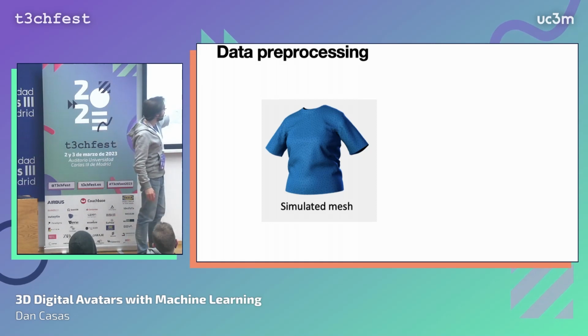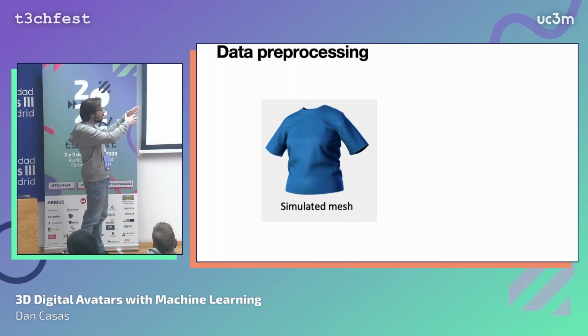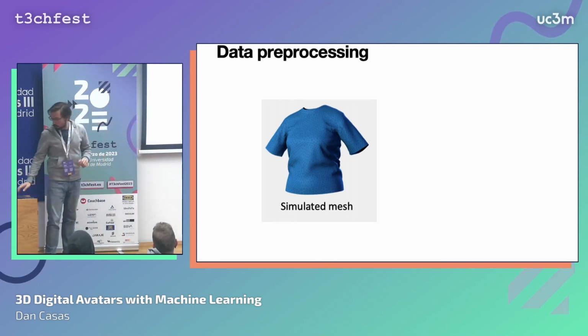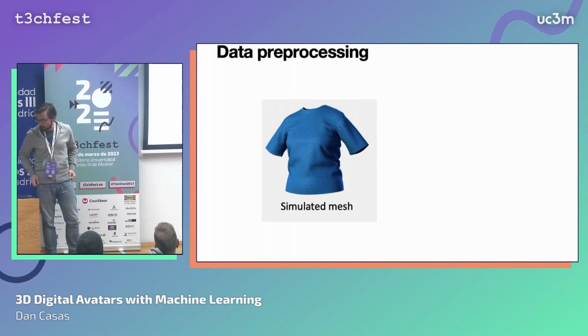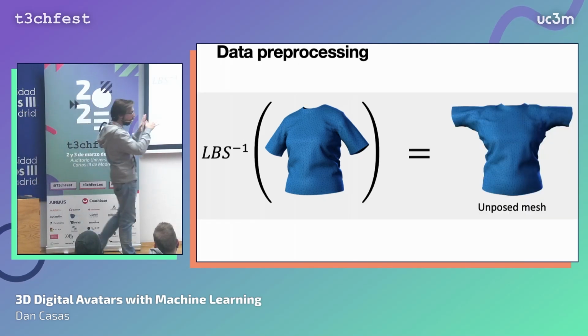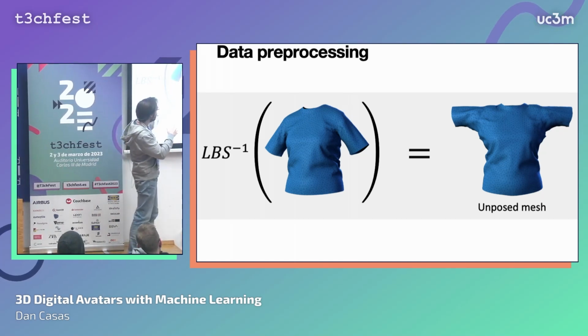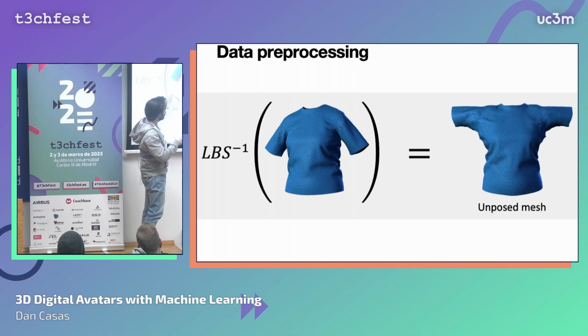So the t-shirts that I get from my simulator or even from my reconstruction look like this. They are deformed and they exhibit a particular pose, right? So the first trick that we do to train our machine learning regressor is, and again, I apologize because this might come a little bit out of the blue for you, but you have to believe me that the first thing we have to do is find a common representation for all the t-shirts.